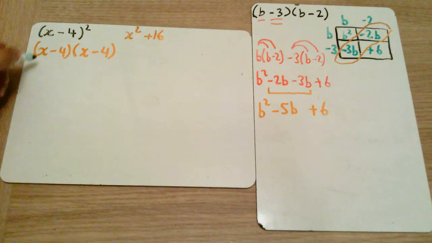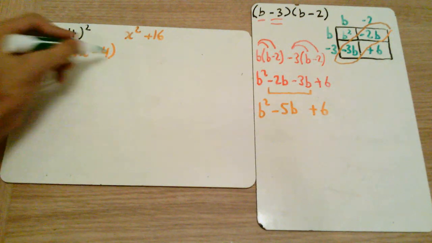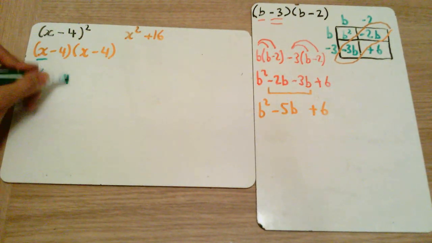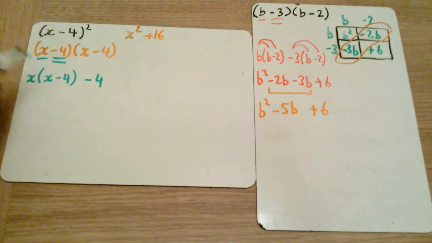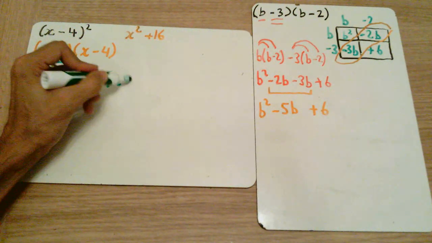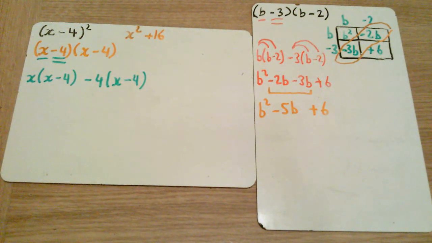So once again, if we follow our process, x times by the whole bracket, x minus 4, which is what we have over here, times by x minus 4 again. Now, exactly the same process.